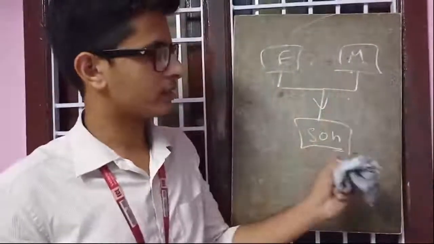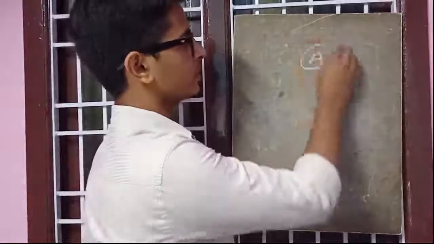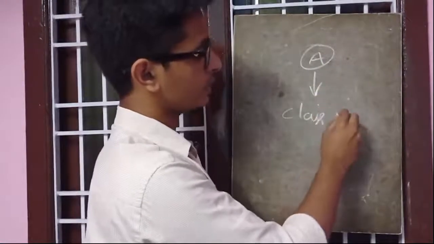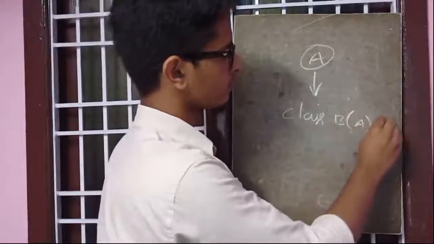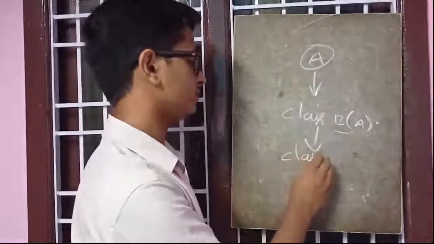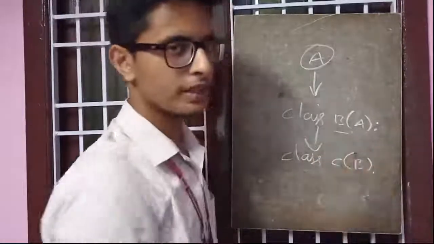So this is the example for multiple inheritance. And we have another inheritance called multi-level inheritance. That is, this is class A. Class A is inherited into class B, and this class B is inherited into class C. This concept is called multi-level inheritance.